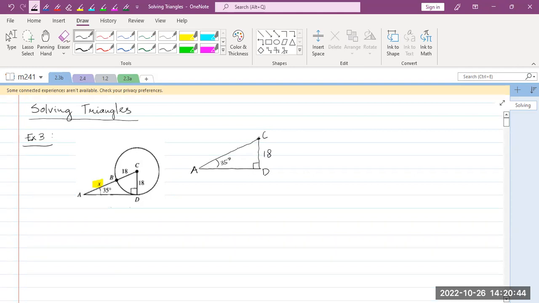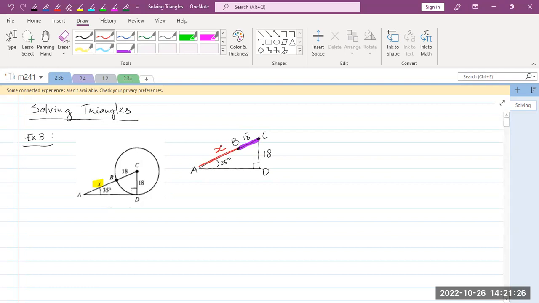The hypotenuse has vertex A and then point B somewhere in between, which is the intersection of the hypotenuse and the circle with center C. Because B is on the circle, BC is the radius. That's the radius, this is 18 here. Let me mark it. And the one that we need to solve is this guy, x.